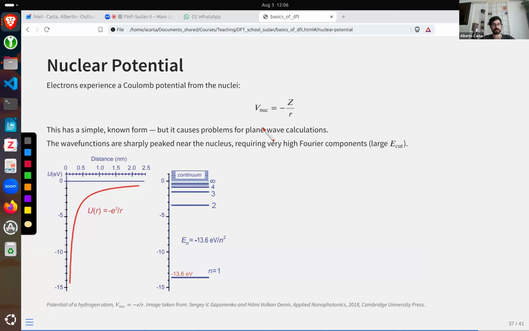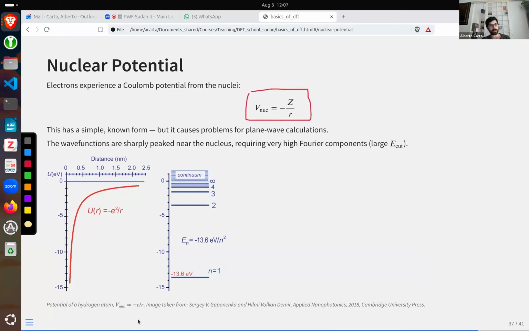As you can see, each atom in our system enters with a nuclear potential that looks something like this. That looks like a charge times 1 over the radius, the distance from the nucleus.